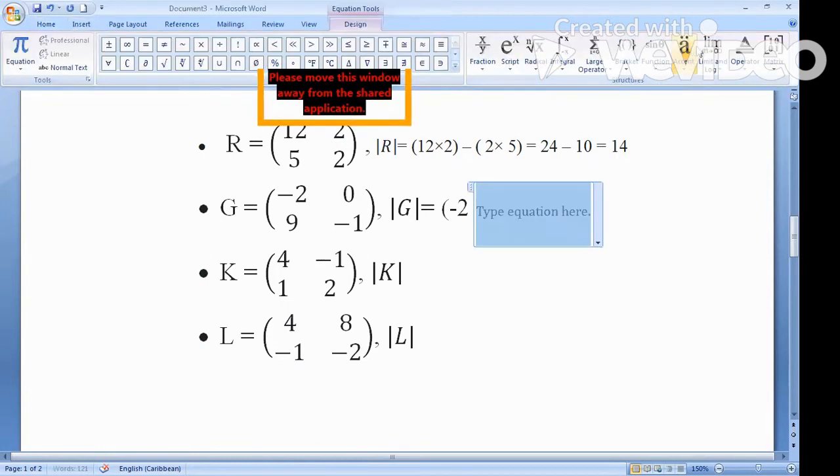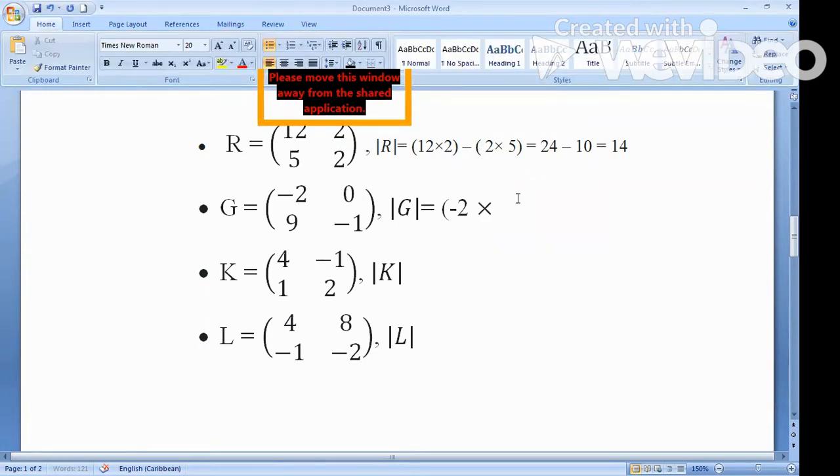Negative 2 times negative 1 minus 9 times 0.